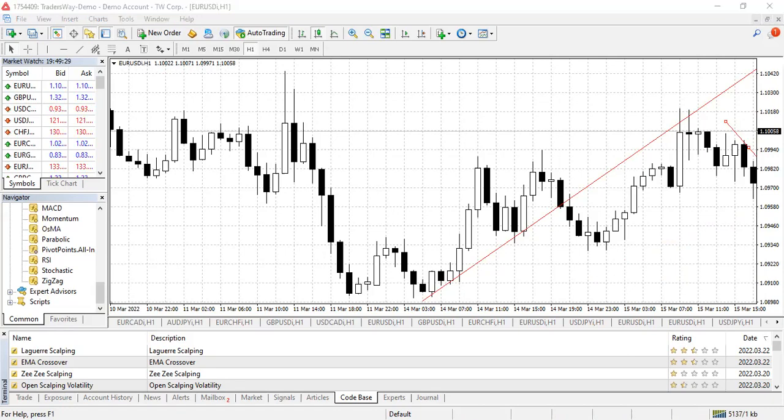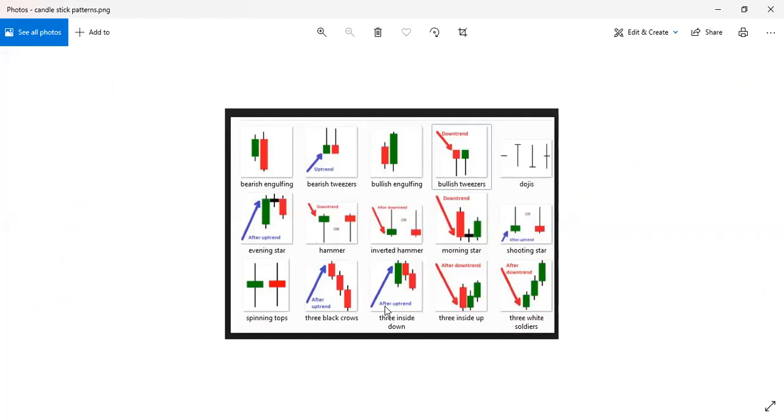These are the three white soldiers: we have a bullish candle followed by a bullish candle followed by a bullish candle. When we're talking about three black crows, we have a bearish candle followed by another bearish candle, then followed by another bearish candle. Three candles consecutively. Can you see them? Three candles continuously. So let us look at our MT4.